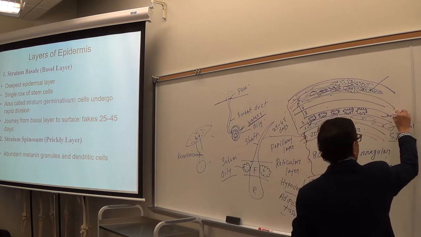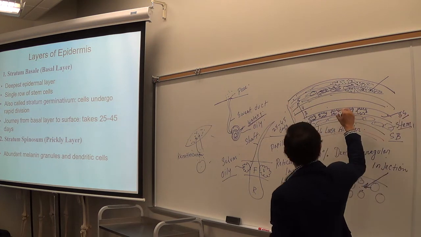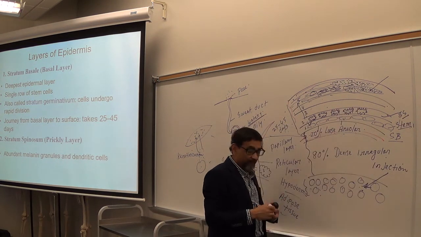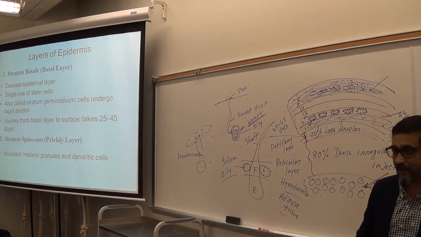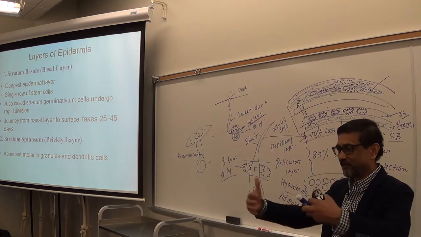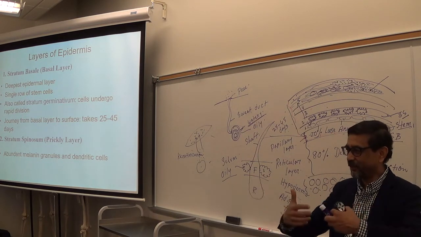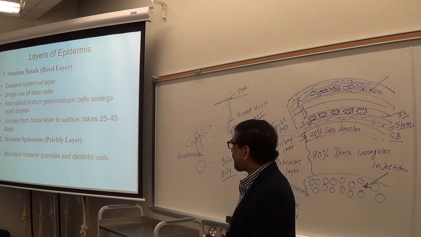So that's why it is called stratum spinosum. And in this layer, you have dendritic cells. Dendritic cells do what? Anybody remember? Engulf, right? You remember I said dendritic cells do phagocytosis, okay?